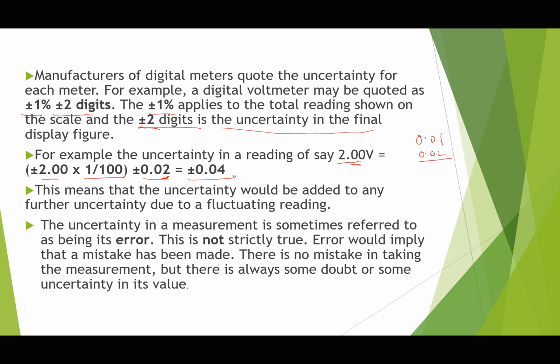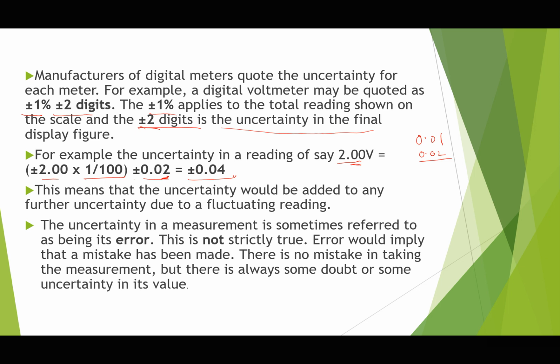Therefore, the uncertainty in a measurement is sometimes going to be called an error, but this does not mean a mistake. Of course, in our everyday spoken language, error would imply that a mistake has been made.